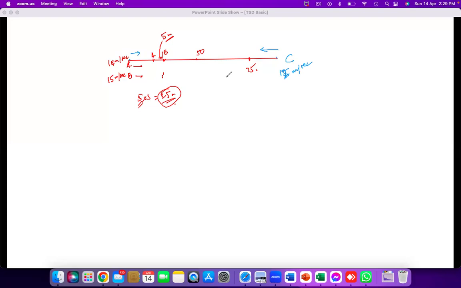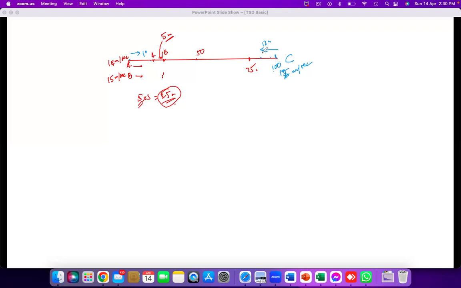What happens after 1 second? A travels 10 meters. How much distance does C travel? 12 meters. So initially, the distance between them was, let's say, 100 meters. What happens after 1 second?